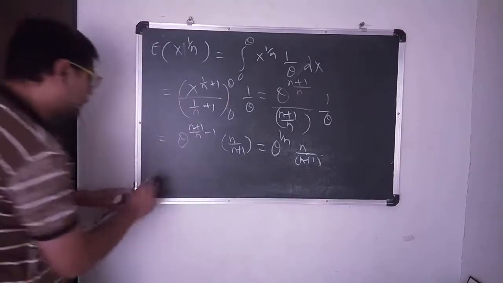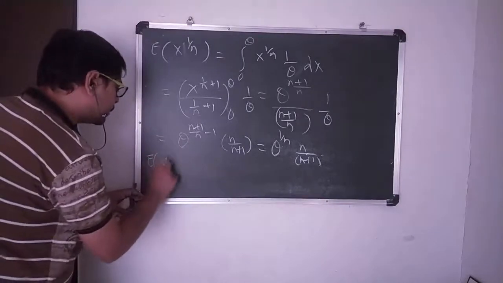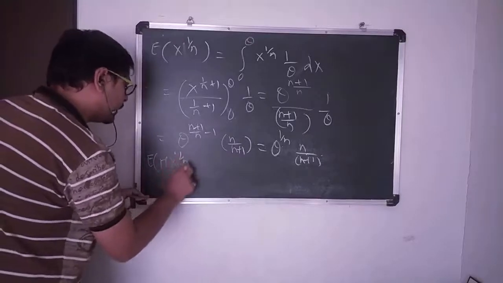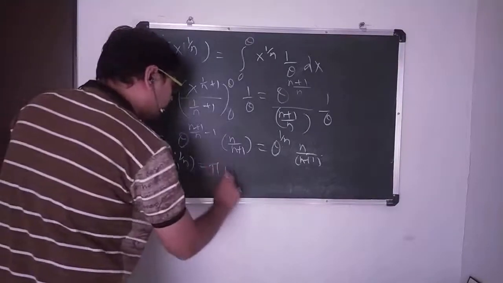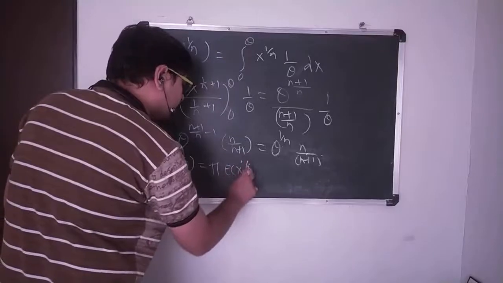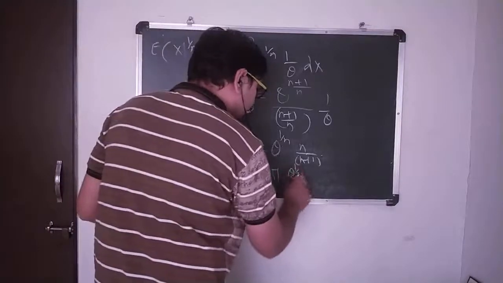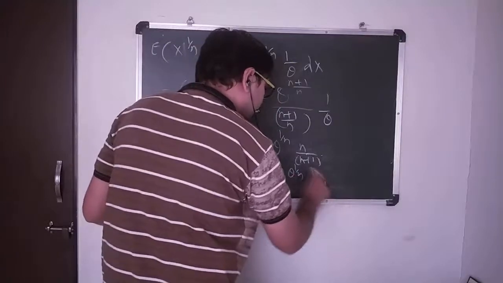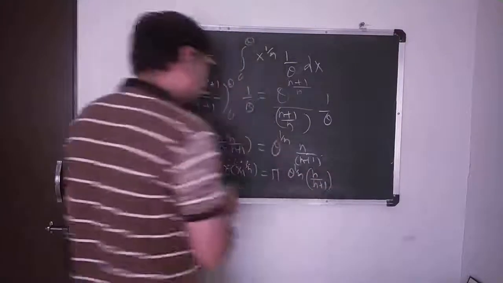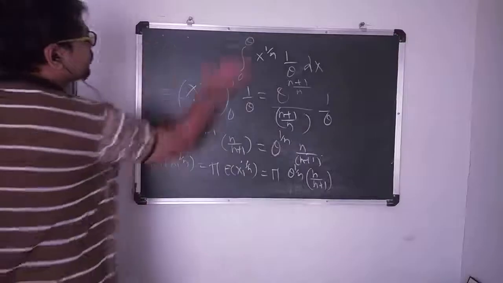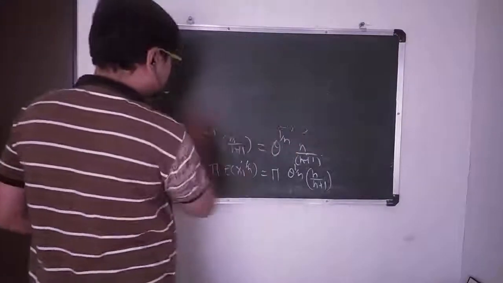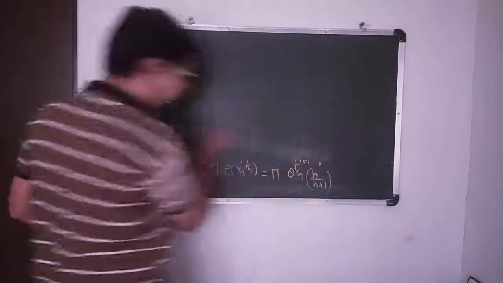So now consider the expected value of the product of xi raised to 1 upon n, and this is nothing but the product of expected values of xi raised to 1 upon n. So this is the product of theta raised to 1 upon n into n upon n plus 1. So what we have?